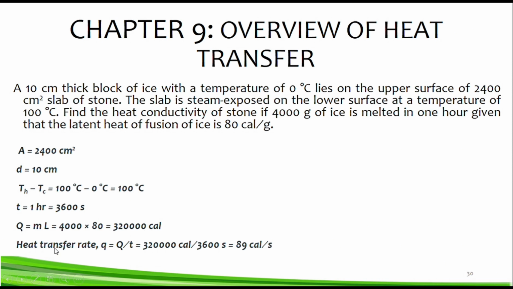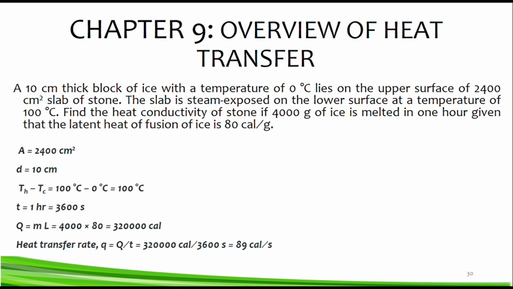And the heat transfer rate, given by the equation q, the rate of heat transfer, equals the heat transfer over time, given that our heat transfer is 320,000 calories, divided by our time, which is 3,600 seconds, and we get the rate of heat transfer, which is 89 calories per second.